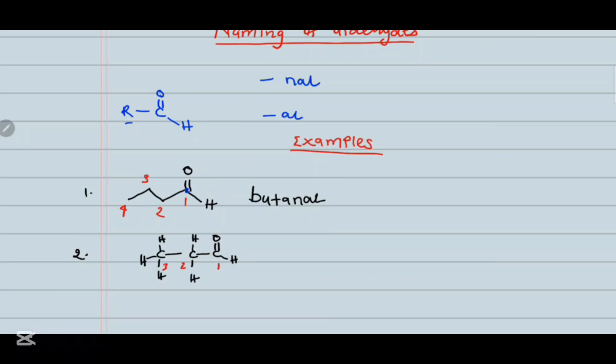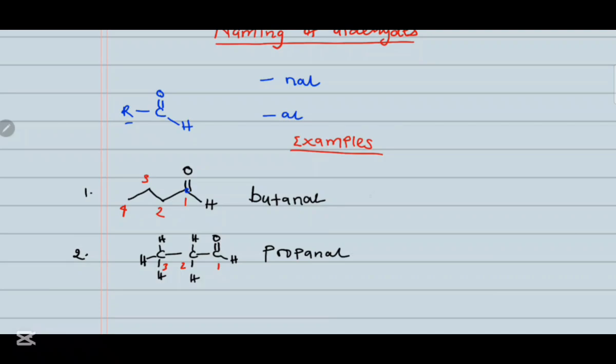So it is a compound which has 3 carbons and an aldehyde functional group. So automatically this one is called propanal. Very simple.